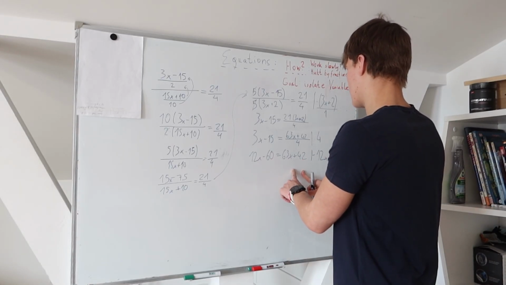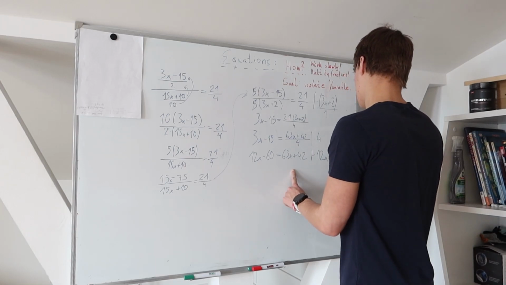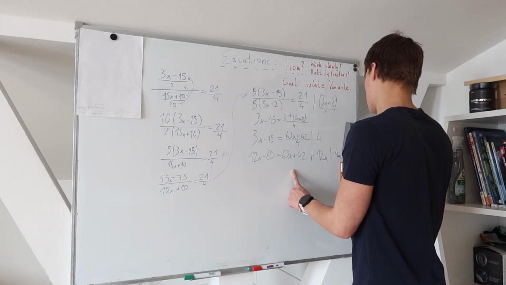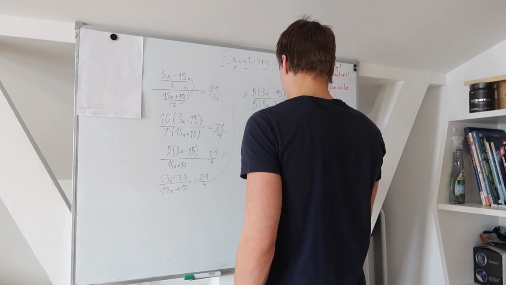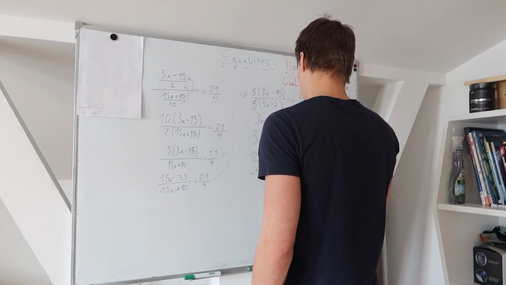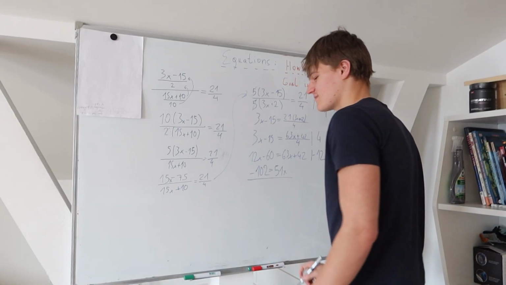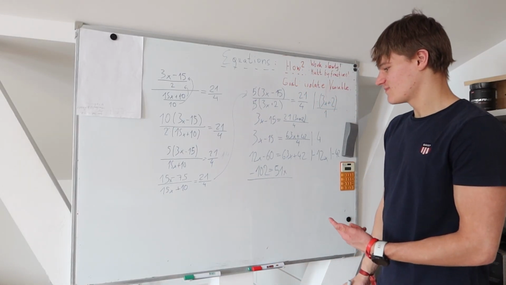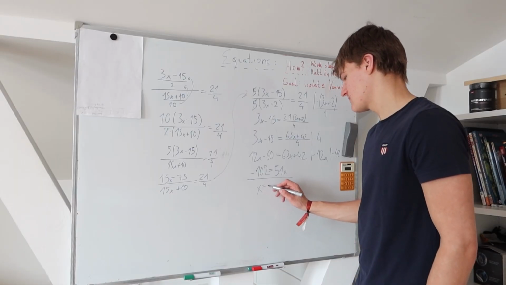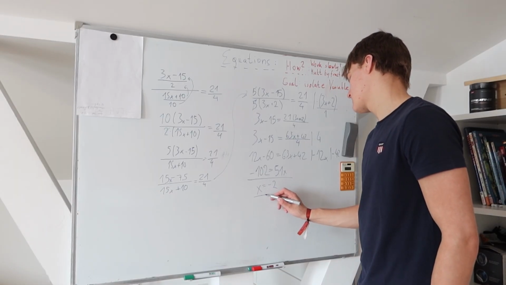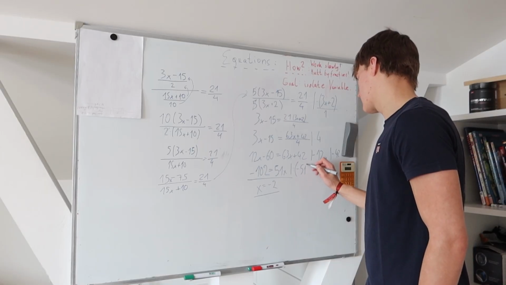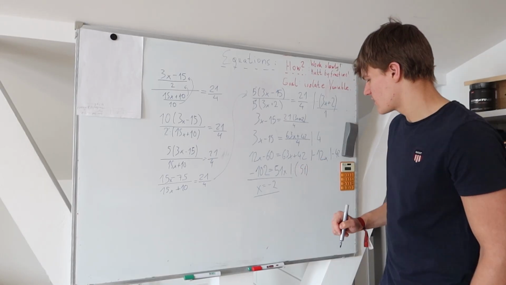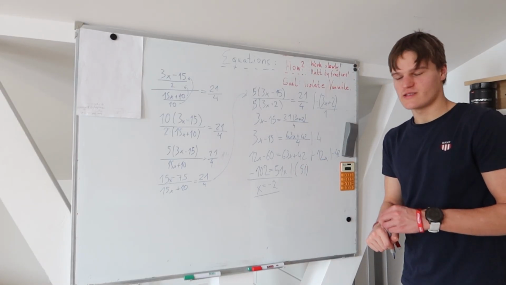So we can put this there, we go minus 60, minus 42, I'm sorry, and that leaves us with minus 102 is equal to 51x. Simple, right? X is minus 2. Easy.